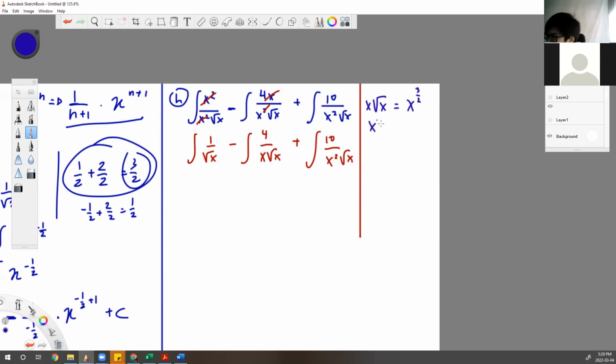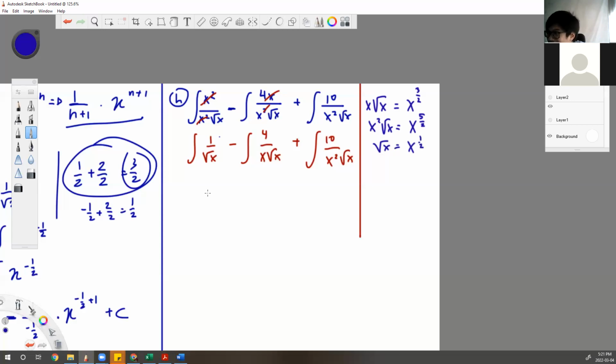How about this? x 5 over 2. There you go. Cool. Or 2.5, right? 2 plus half. So 5 over 2. Nice. Good job. Square root x is also x power half.